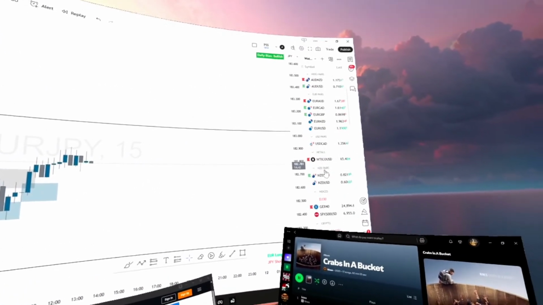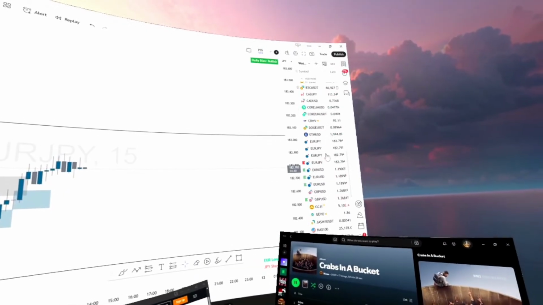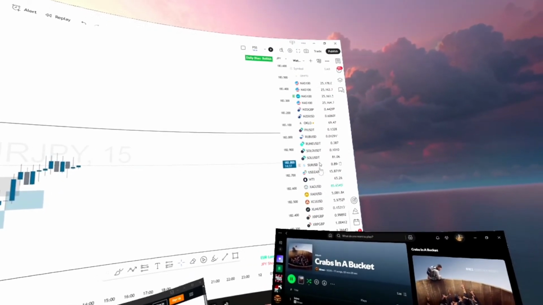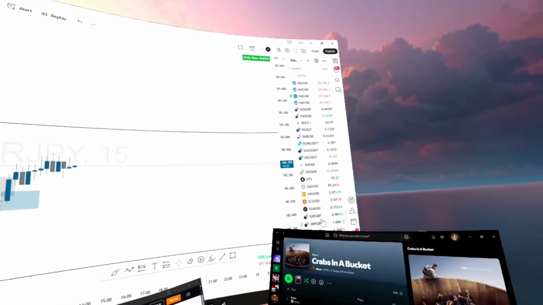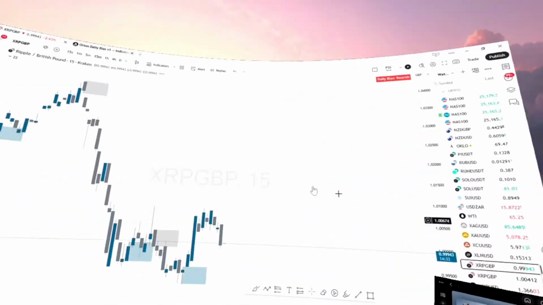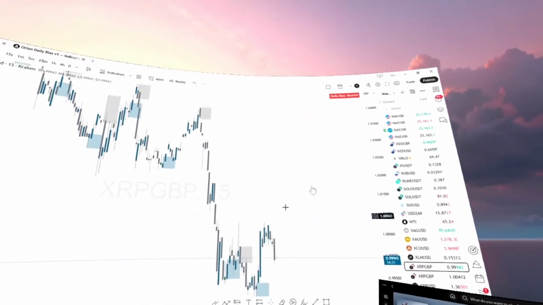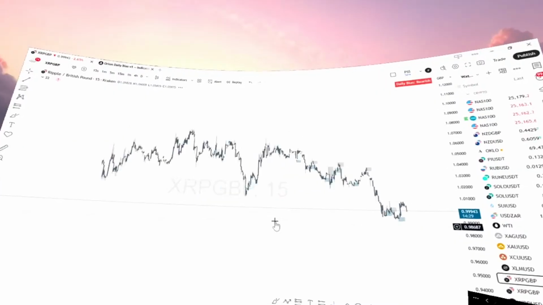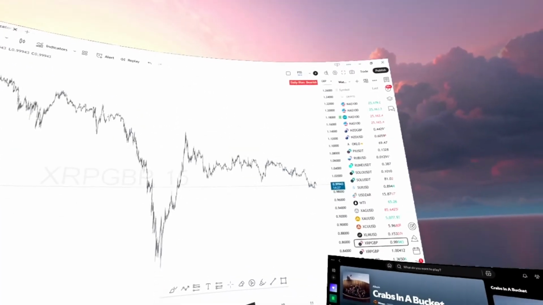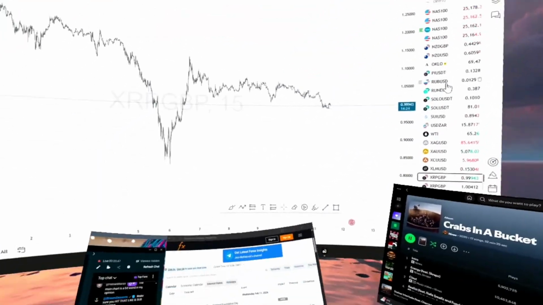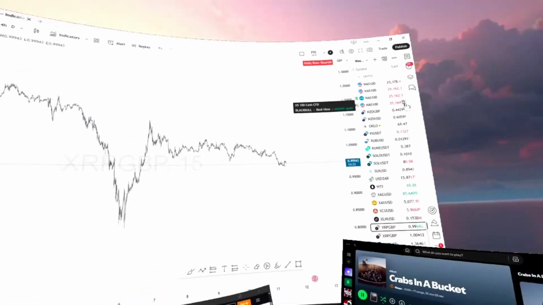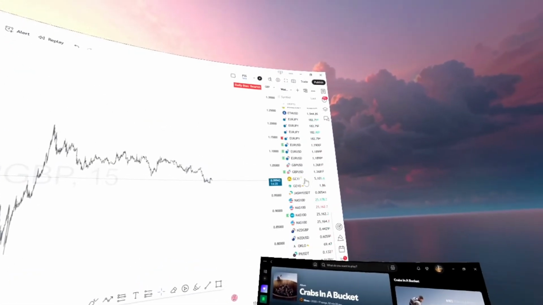Let's go to DAX then. Oh, look at this, XRP below £1. Yo, that's crazy, bro. Okay, right.